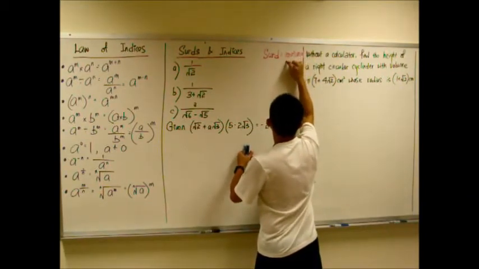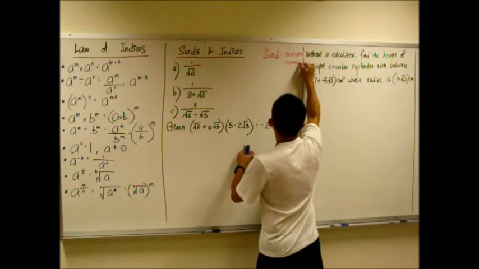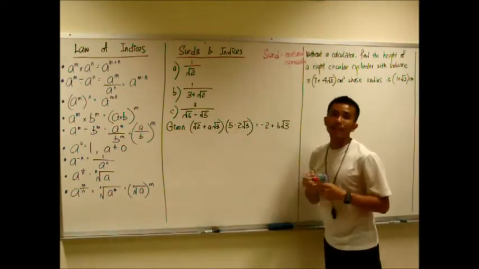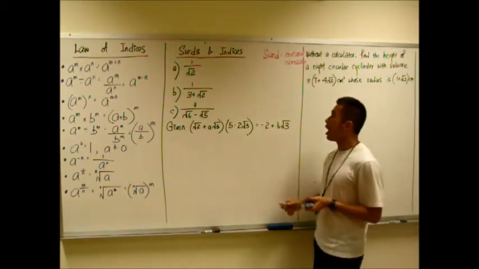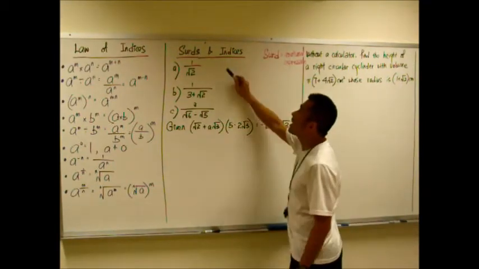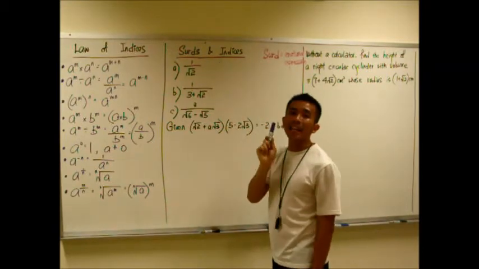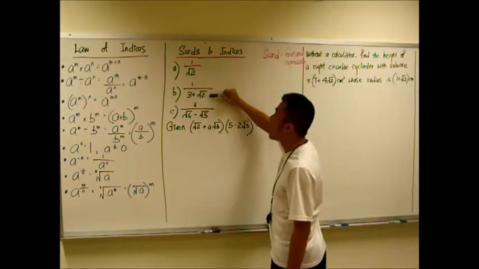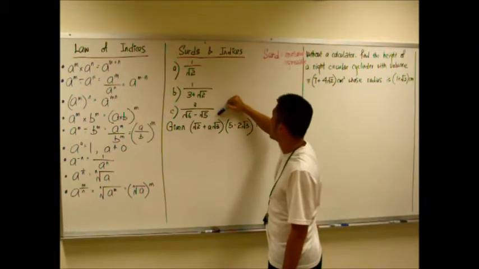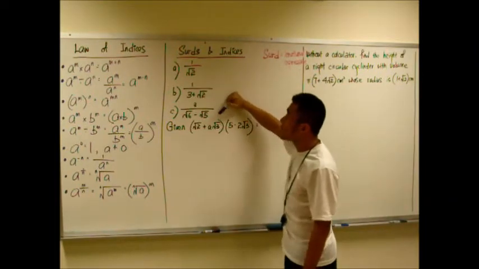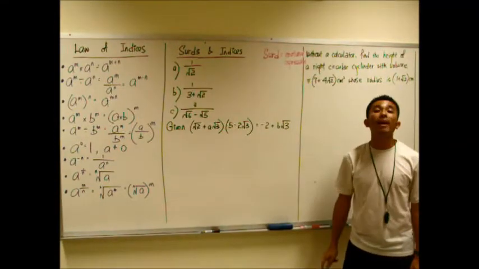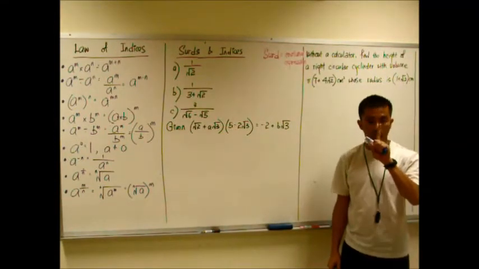Meaning, they cannot be represented as a fraction. Now, the important thing about surds is there cannot be any root term at the denominator. If we do not want any denominator to be written in terms of a root term, we must always rationalize.